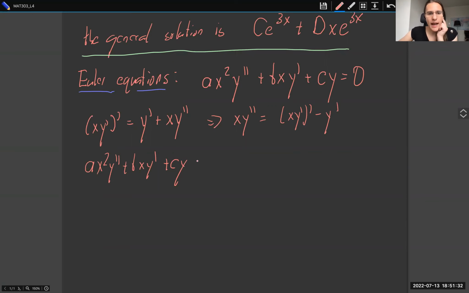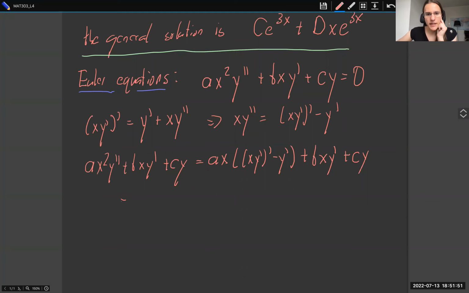So here we have a x, and then we have x times y double prime. So that's equal to xy prime prime minus y prime, plus bxy prime plus cy.